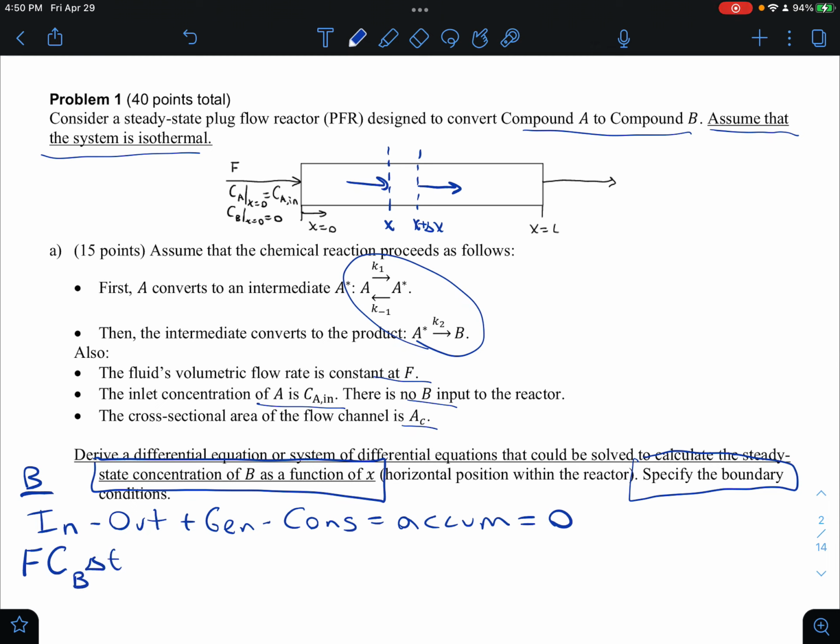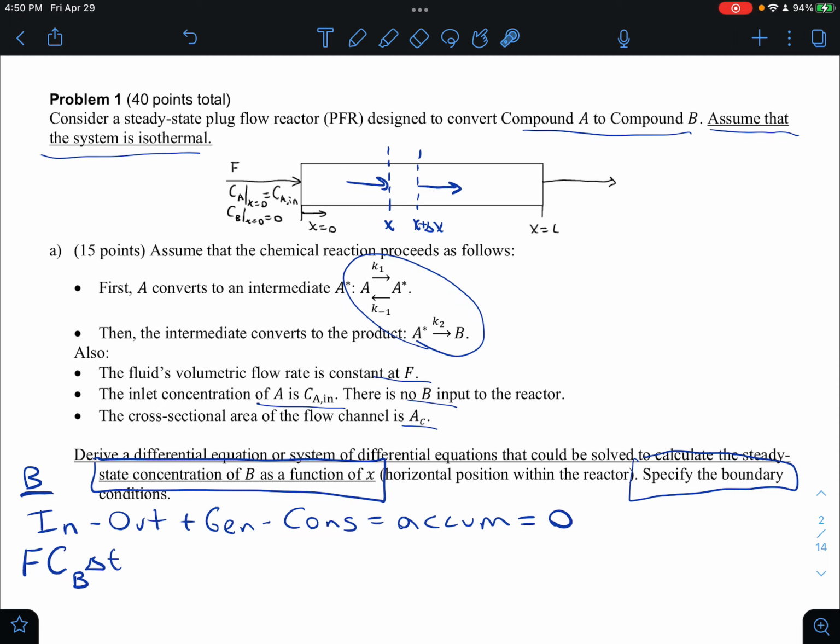We could say delta T, implying the amount that comes in during some time increment delta T, or we could leave the delta T off and talk about the rate at which B comes in. So I'll keep the delta T there.